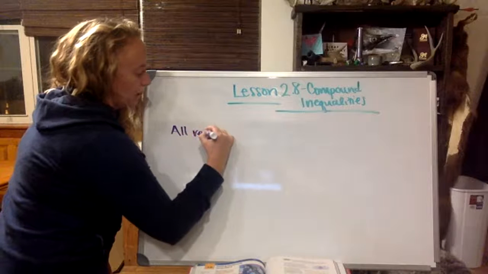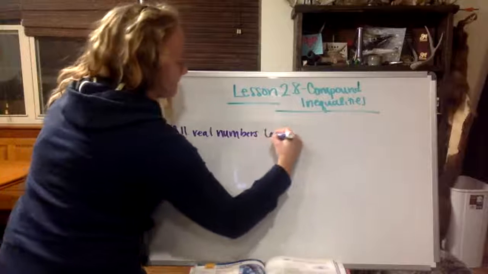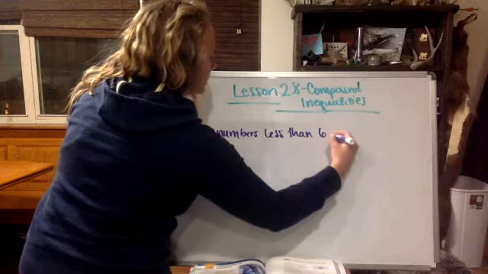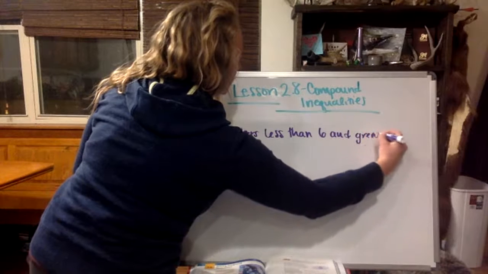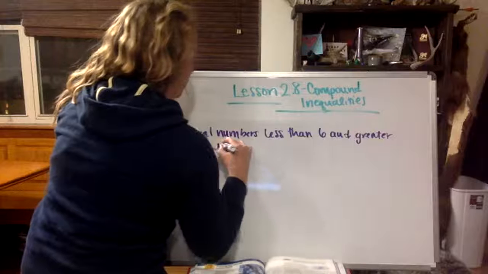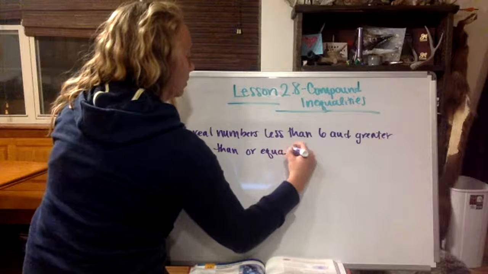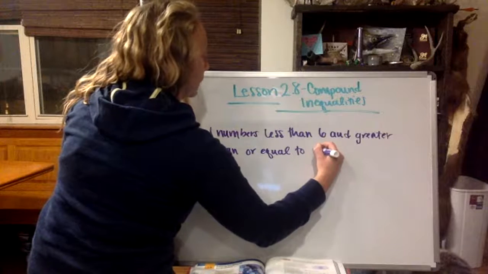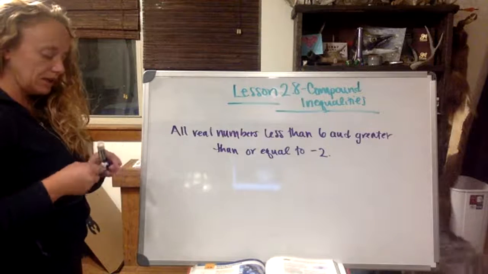All real numbers less than 6 and greater than or equal to -2. So something like this, we have to look at it and sort of dissect it.